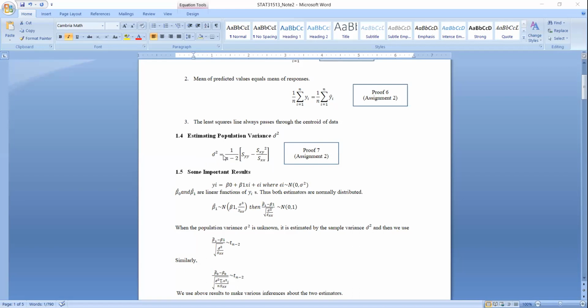If you substitute the values into this equation using the data set, that will give you an estimate for your population variance. So if the population variance is unknown, in this case also you can substitute the estimated value of the population variance. The same equation you can replace by sigma squared hat, right?